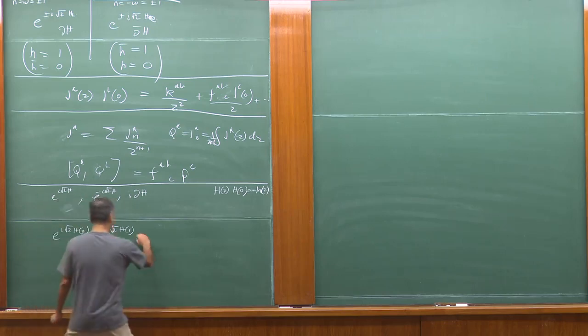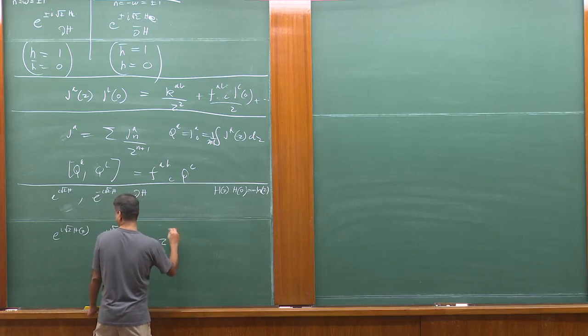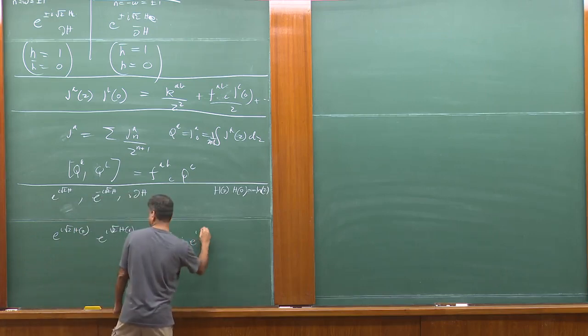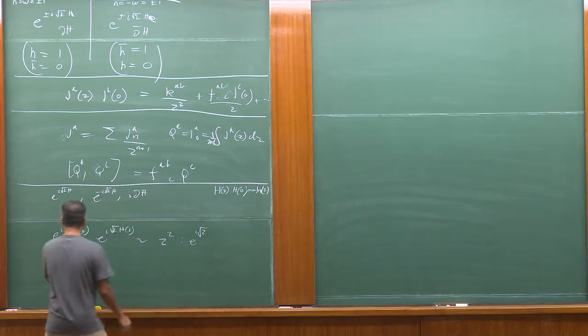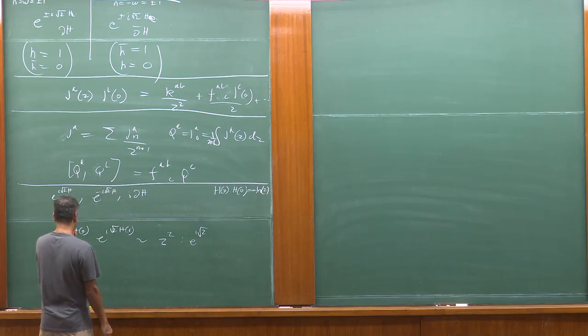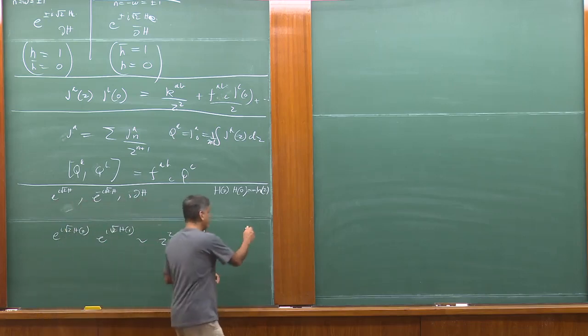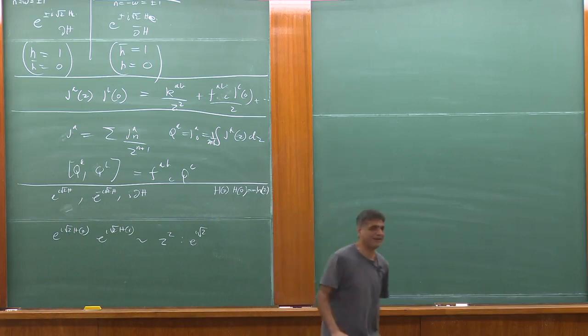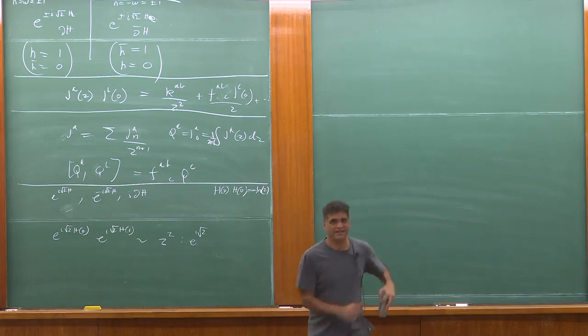So that gives you z squared times the normal ordered product. H with H, was it alpha prime by 2? Let me get the factors right. I think it should have been z.